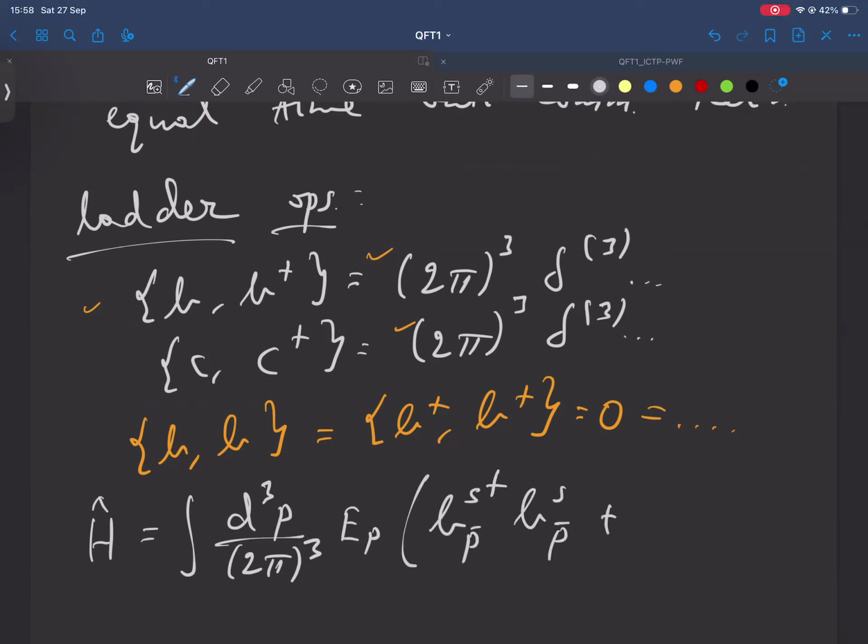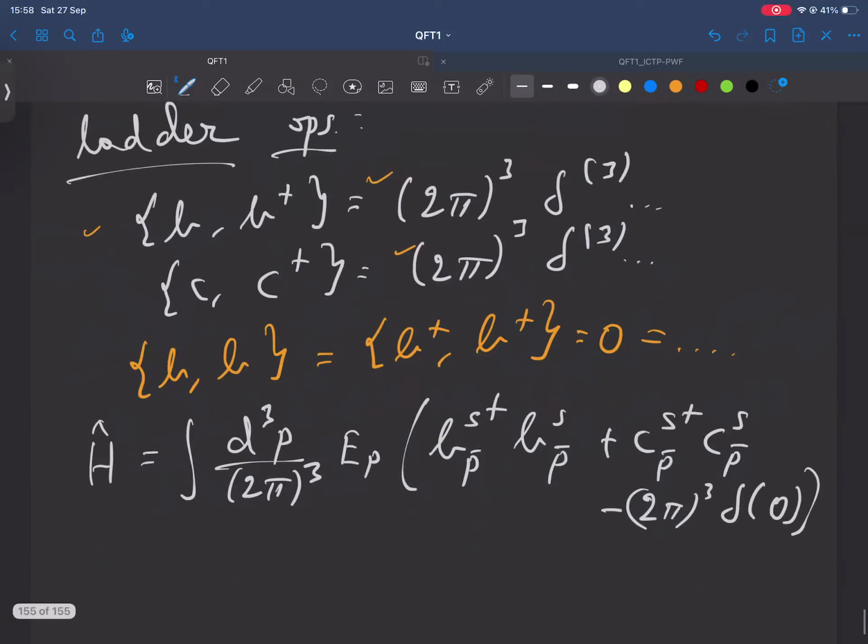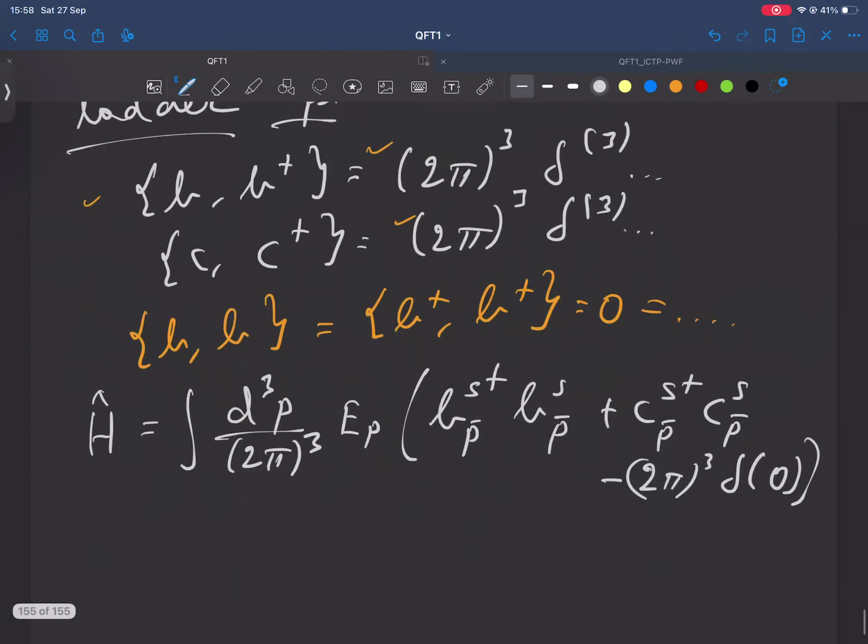So it will turn out to be this, and so on, and then the vacuum energy, this delta 0. Okay. And this is in the correct way.